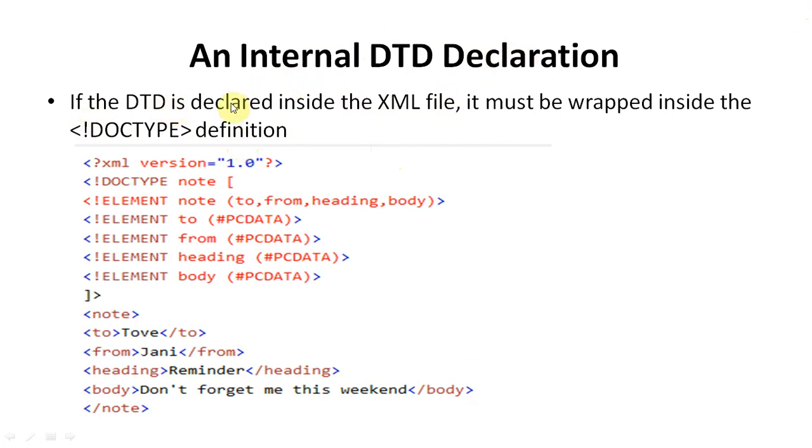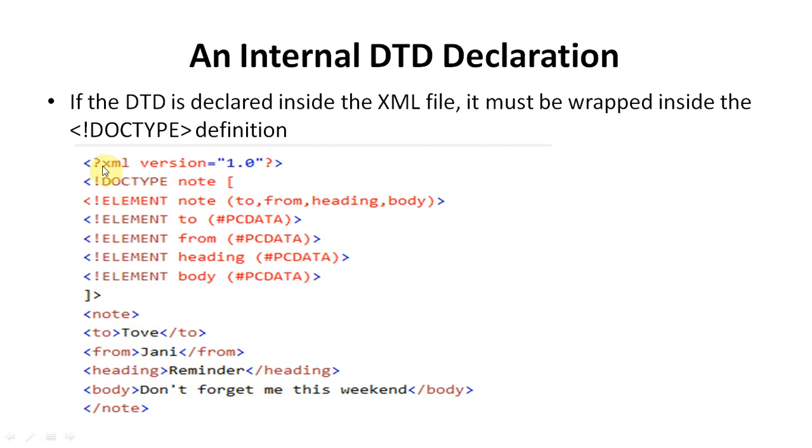If a DTD is declared inside the XML file, it must be wrapped inside the doc type definition. This is an internal DTD because it is inside the XML file, and it will be inside the doc type definition and embedded within the XML program.